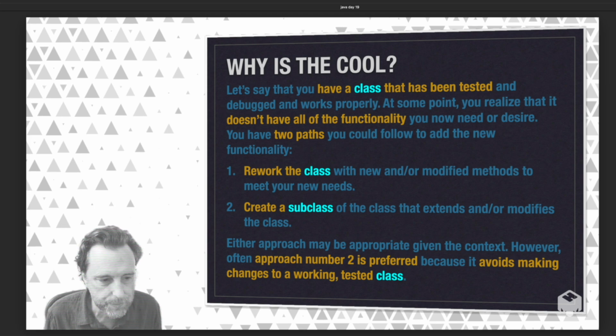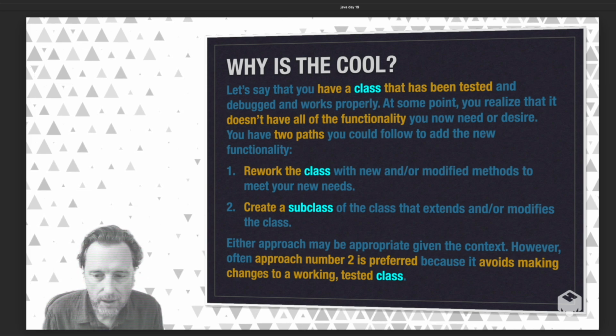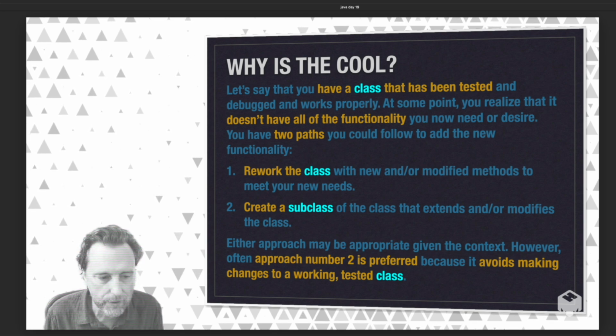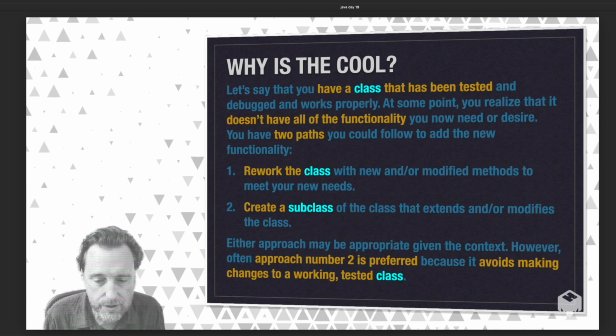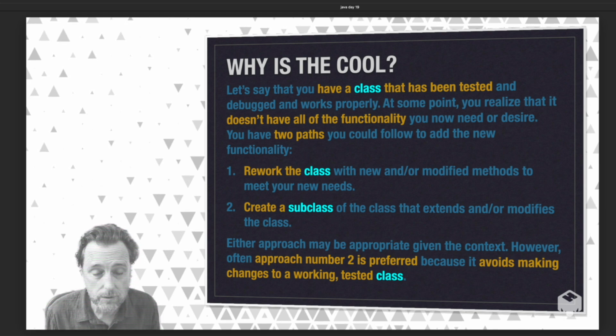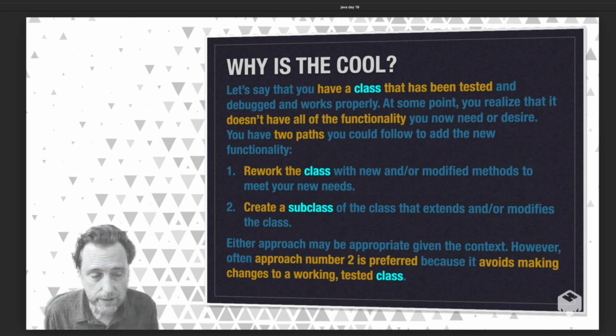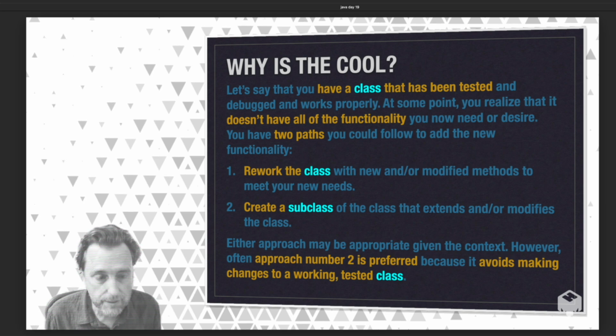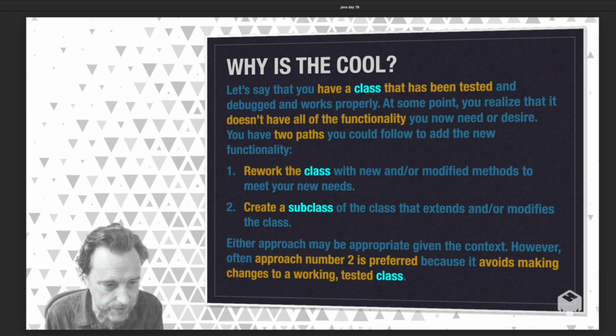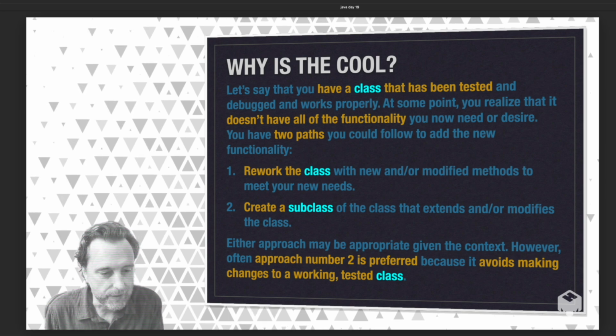The other part of the coolness is what I talked about just a second ago, which is this reluctance to get into a class that's already been working and tested and make changes to it. You might have already had this experience in your own homework or exam work in which you had something working well, and then you made a minor change that you thought was not related to a feature that was working, and all of a sudden the feature stopped working. And that happens to almost everybody. If it has not happened to you yet, then be on the lookout for it.